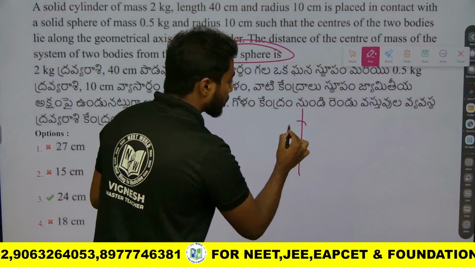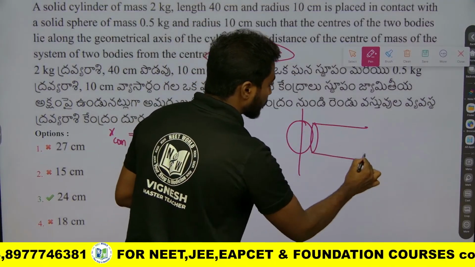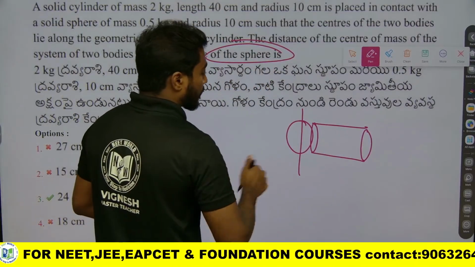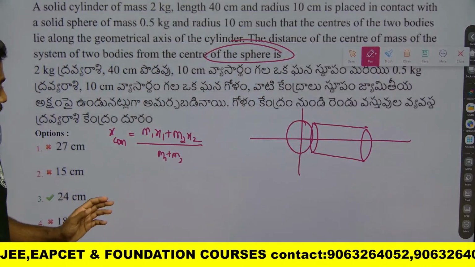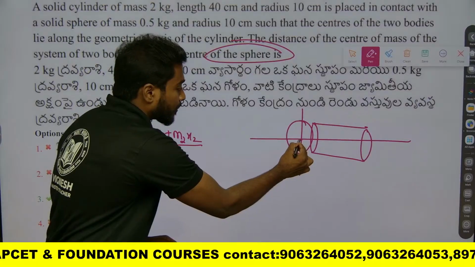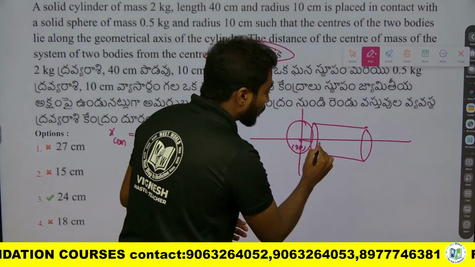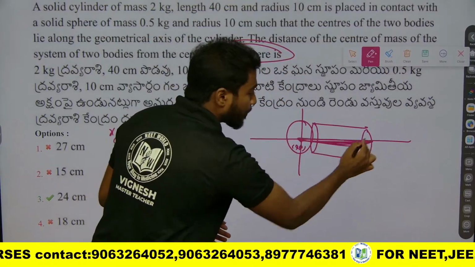Okay, this is the sphere, let me consider, and this is the cylinder. For example, I am considering. Okay, this is the axis. Now this is the origin, right? 0, 0. Now from here, what will be the length? This is x1 and this one will be my x2, right?